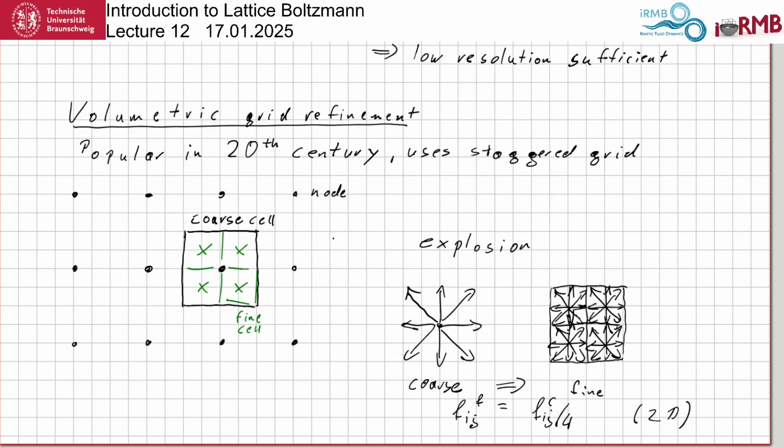So they take the population, divide it by 4, and set the same population everywhere within the cell. The important thing here is that after this explosion, all of them have the same populations. So there's no distinction.